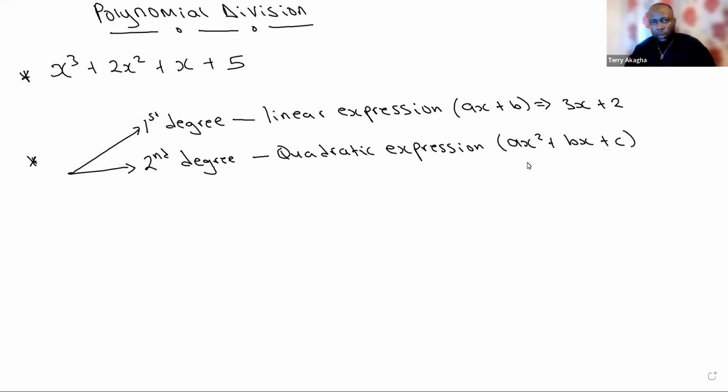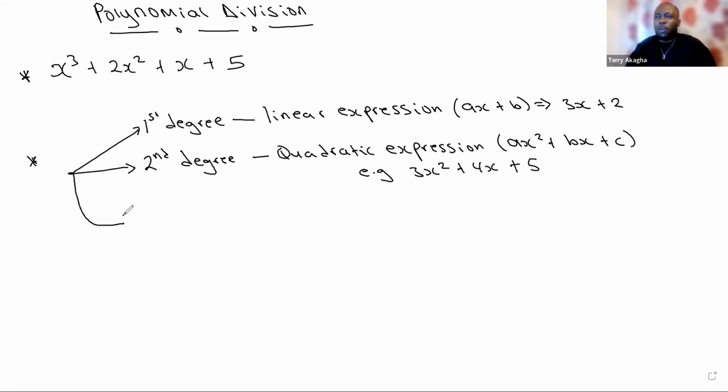A classical example could be 3x squared plus 4x plus 5. This is what we call a quadratic expression, and it's quadratic because x is raised to the power of 2, so to the second degree.